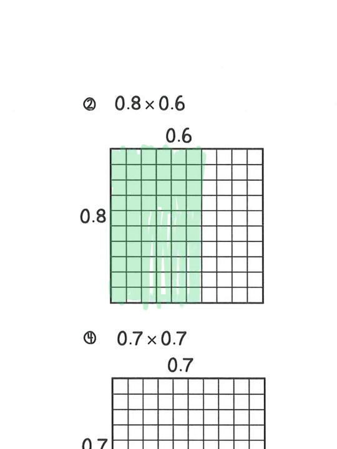So I have 6/10 shaded vertically. Now I'm going to shade 8/10 horizontally, so across. 1, 2, 3, 4, 5, 6, 7, 8.